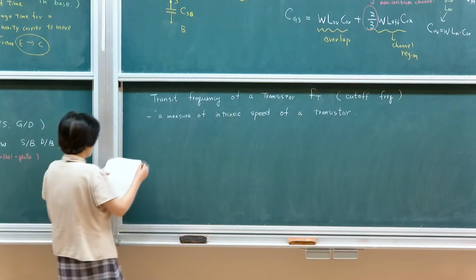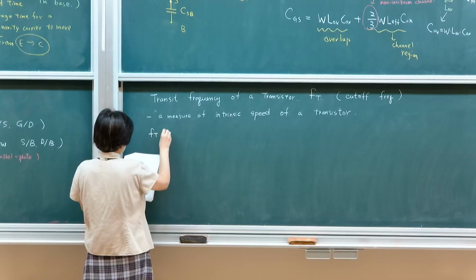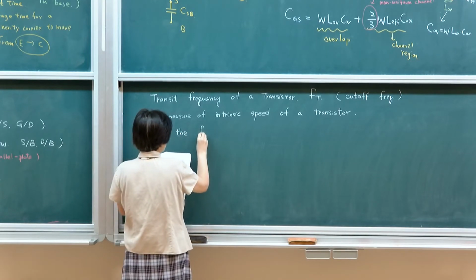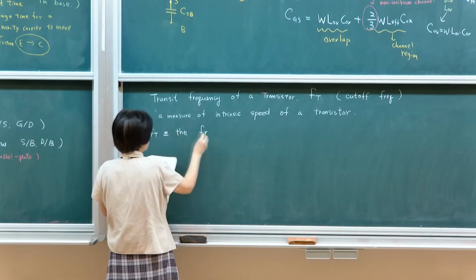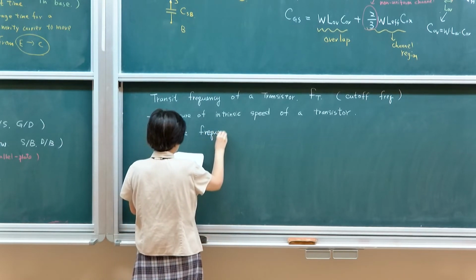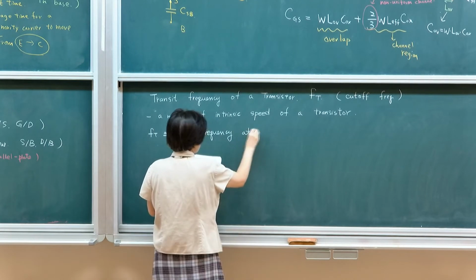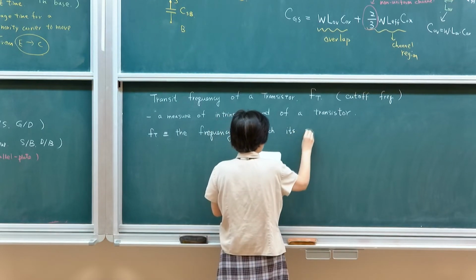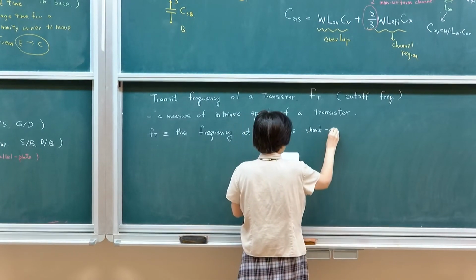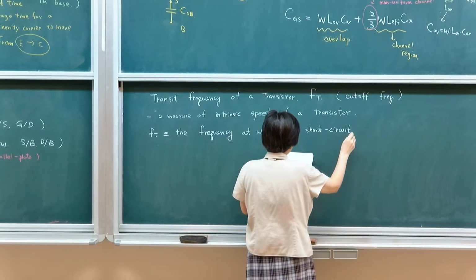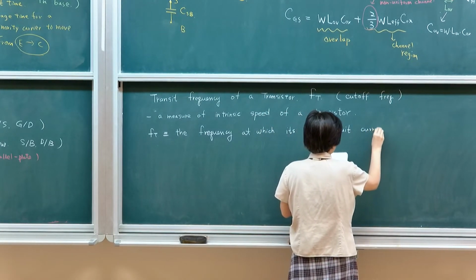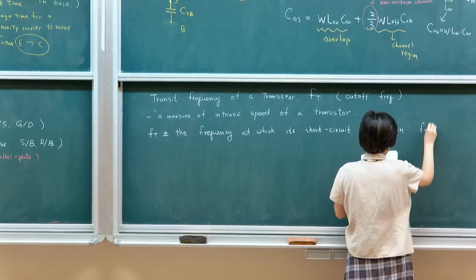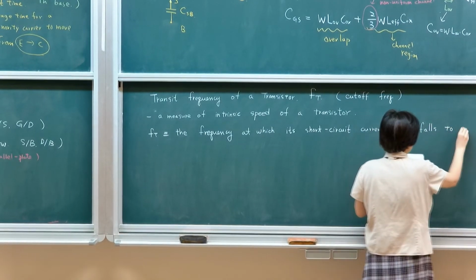So the FT is typically defined as the frequency at which the short circuit current gain falls to unity.